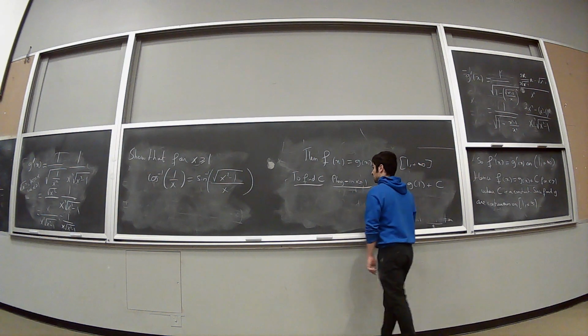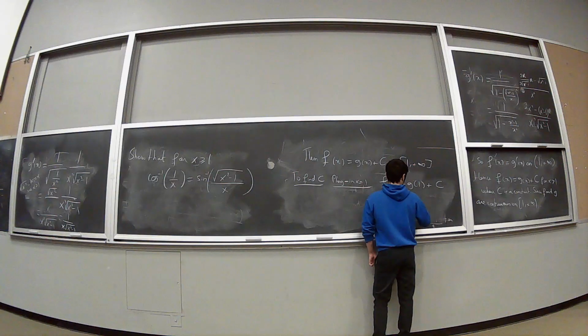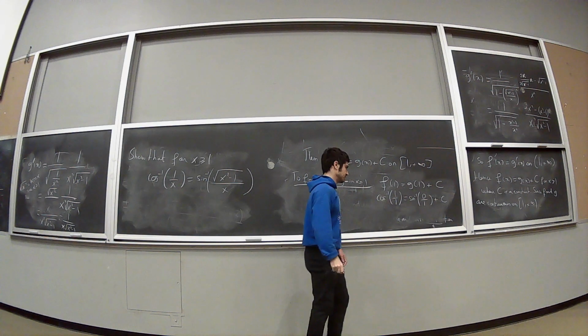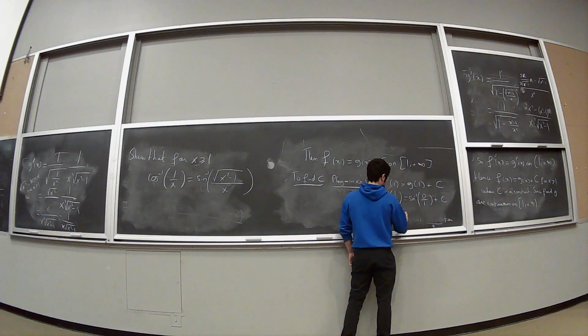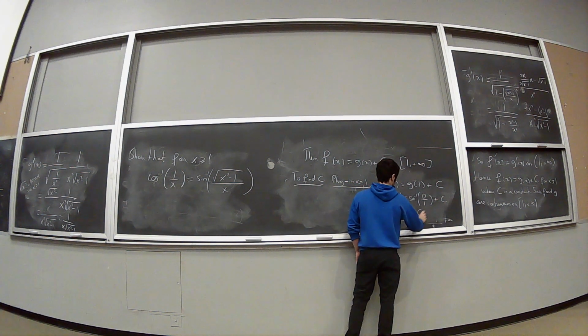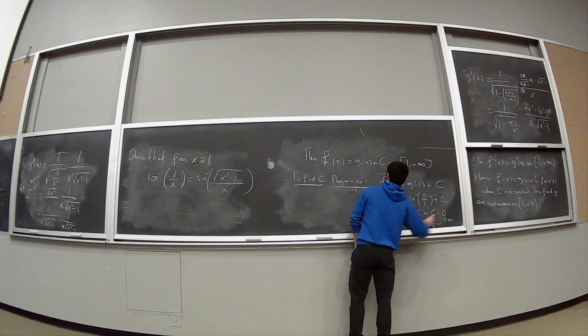What is g of 1? It is sine inverse of 0, plus c. Cos inverse of 1 is 0. Sine inverse of 0 is 0, plus c. So c is equal to 0.